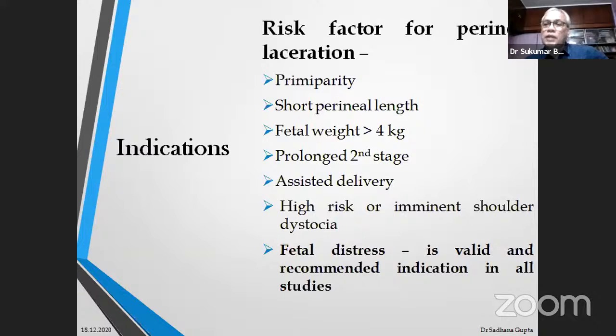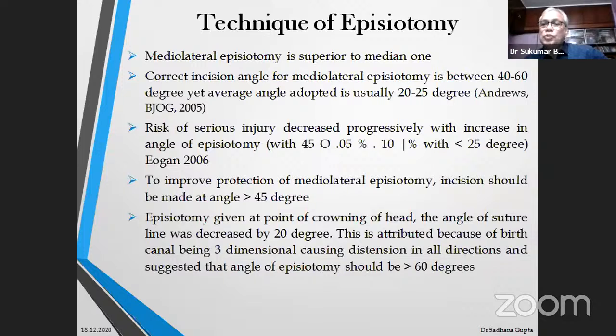And rightfully, it should be a right mediolateral episiotomy and not just a small one. If you have to give it, give it; if not, don't. A small one has no meaning, because all episiotomies are second degree tears. So, agree, selective episiotomy.